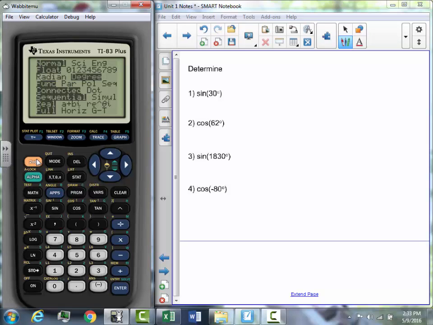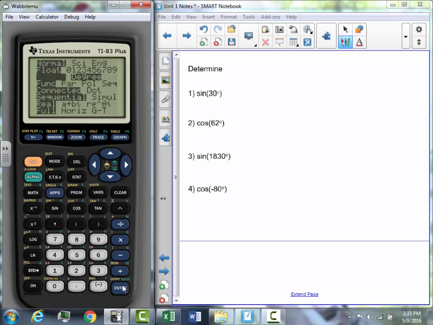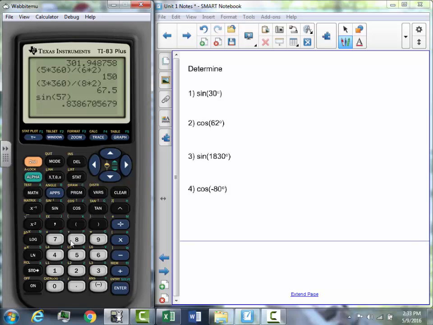That's the thing that always used to mess me up when it was on radians. Every single answer is wrong, because 1 radian is actually 57 degrees. Let me show you one here. If I do the sine of 57, it gives you this value here. Then if I go to mode and switch it over to radians and do the sine of 57, it's something completely different.